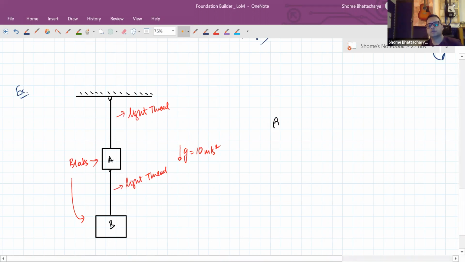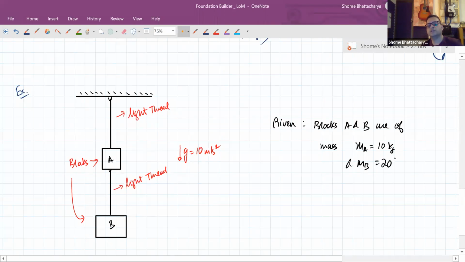So given that blocks A and B are of mass equal to 10 kilograms and 20 kilograms, find the tensions in each of the threads.